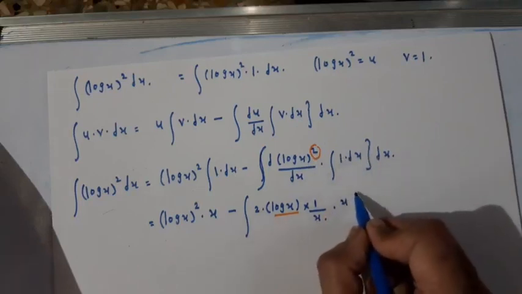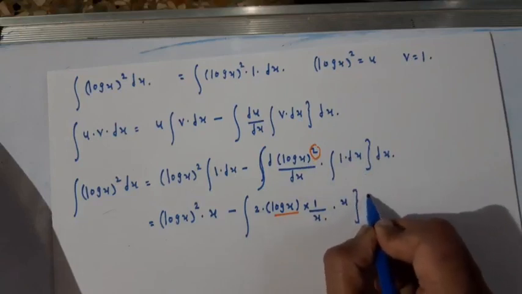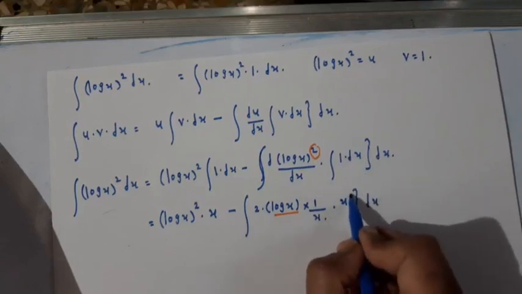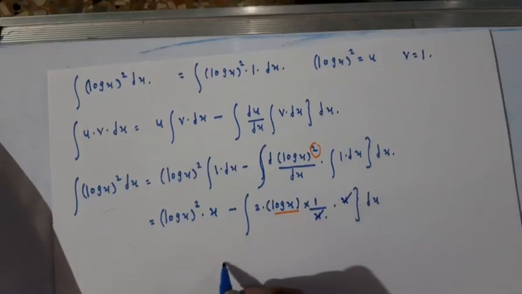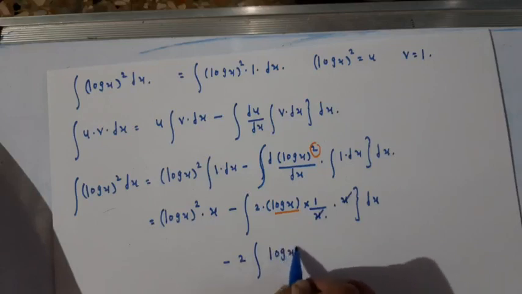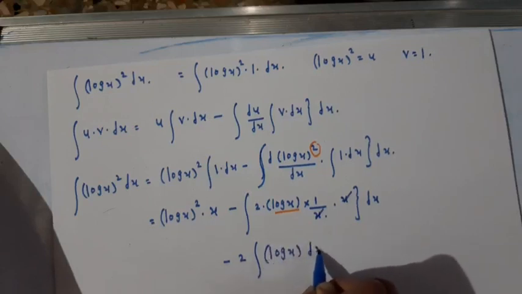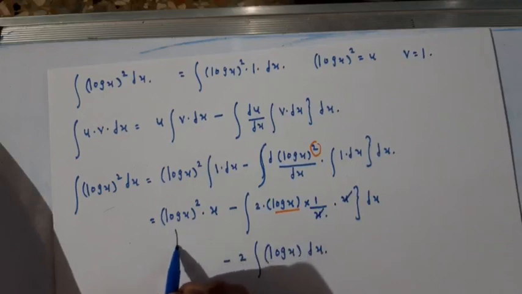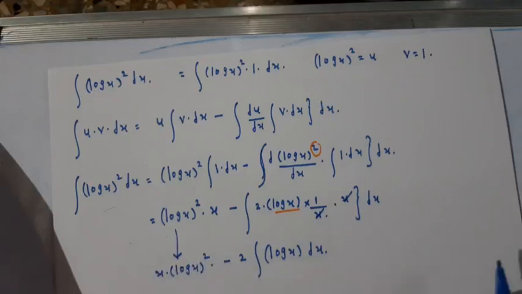And students, we have to integrate the whole function with respect to x. So here x gets cancelled, and minus 2 outside the integration, and this is log of x with respect to x. And the term x into log of x whole square as it is.